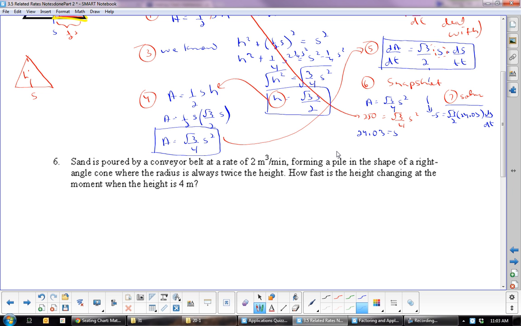Okay, so this would be 2 times -5 over root 3 times 24.03 equals ds over dt. And you will get -0.24 centimeters per second.